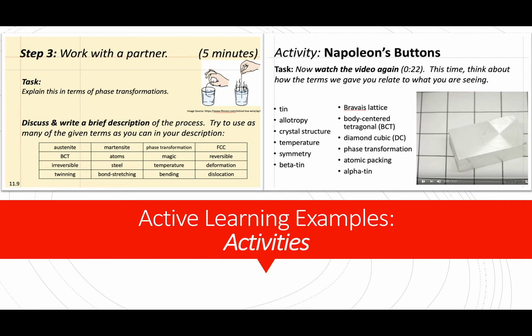Each student was given a piece of shape memory alloy, nitinol wire, and a lighter, of course, not hot water. And so they play with that, and I took advantage of fantastic videos on YouTube to support these activities.